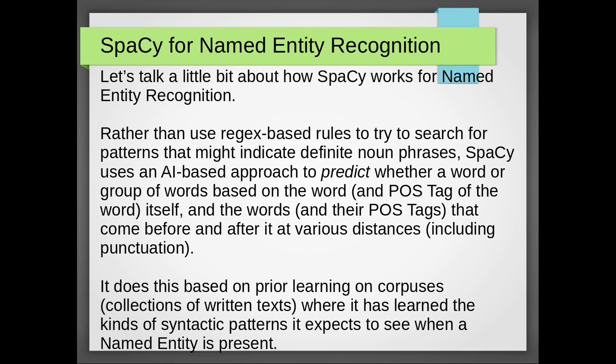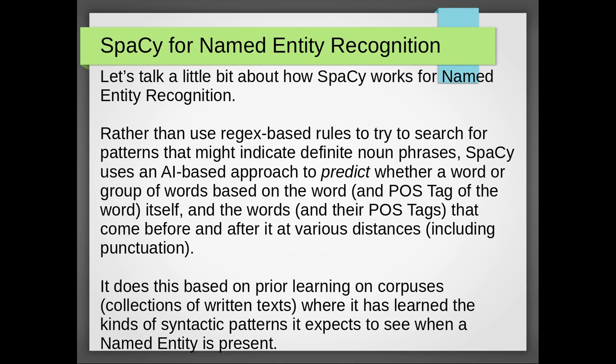Rather than any of that, what SpaCy does is it uses an AI machine learning based approach to basically predict whether a particular word or a group of words, based on that word and the pos tag of the word or words itself, and the words and their associated pos tags that come before and after it, whether, based on all that information, that is a named entity or not.